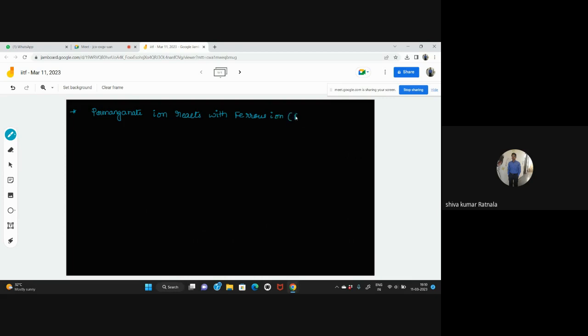Ferrous ion means Fe plus 2, in acidic medium, to form Mn plus 2 and Fe plus 3. Balance this reaction.